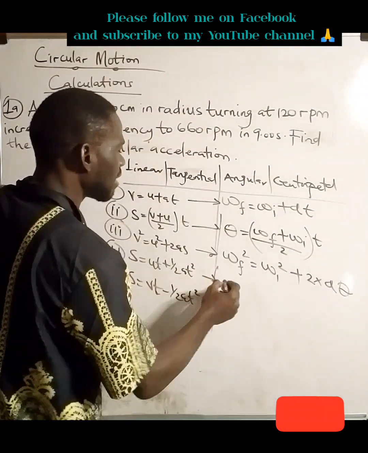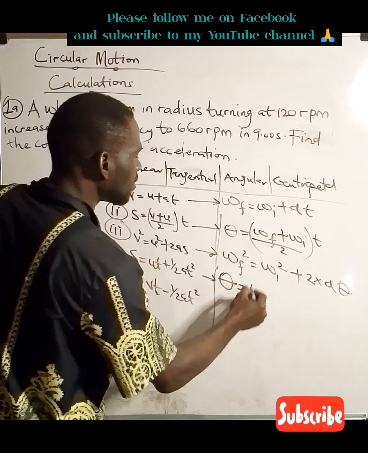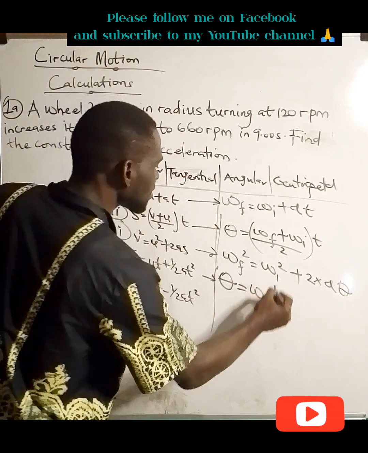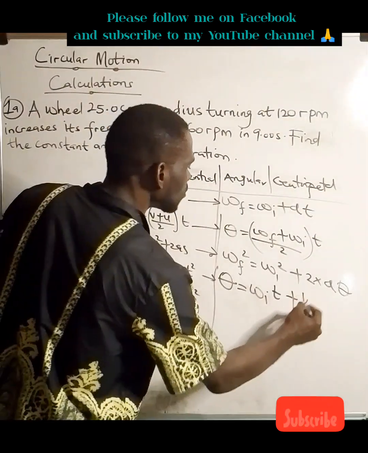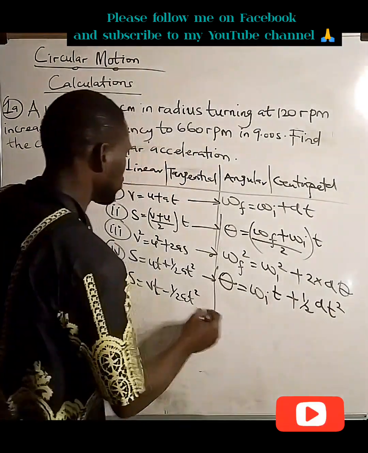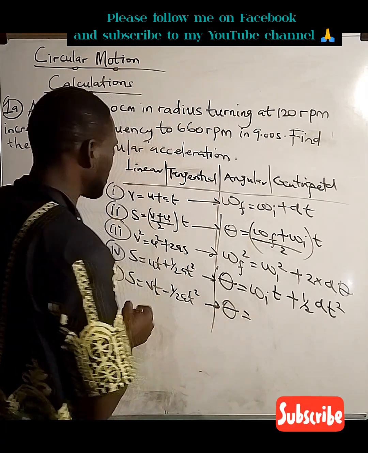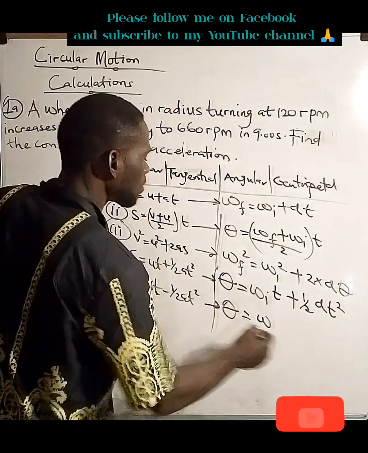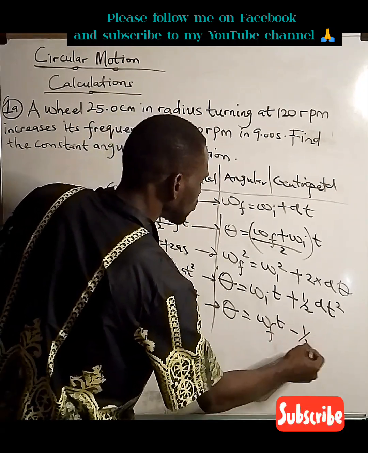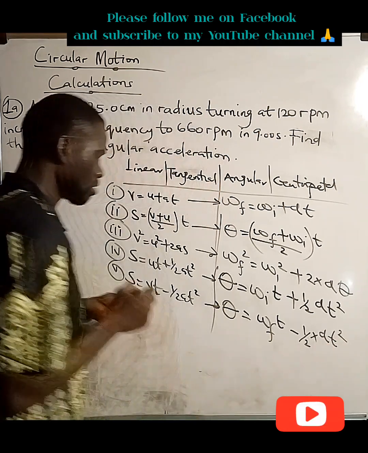And the next one, we have angular distance in rev or rad equals initial angular velocity times time, plus 1 over 2 times angular acceleration times time raised to power 2. The very final one is angular displacement, or angular distance, equals final angular velocity times time minus 1 over 2 times angular acceleration times time raised to power 2.